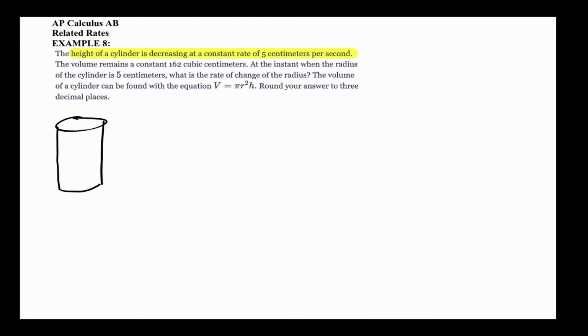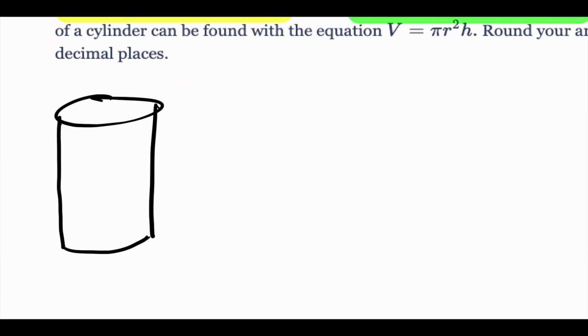Know that. The volume remains constant. At the instant when the radius is 5 centimeters, what is the rate of change of the radius? So let me label this real quick.